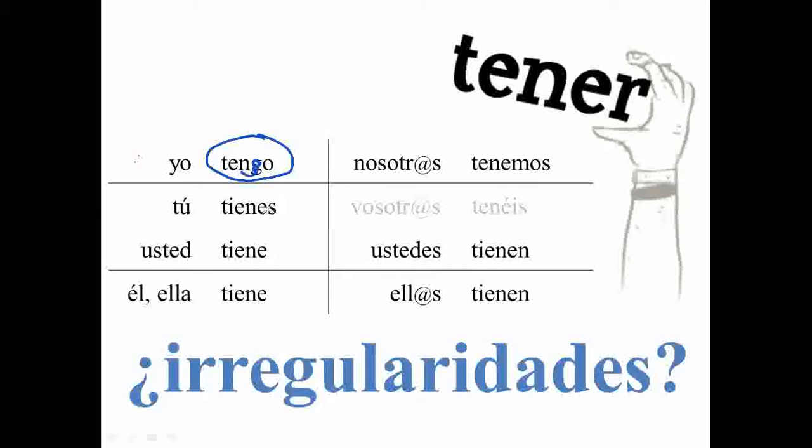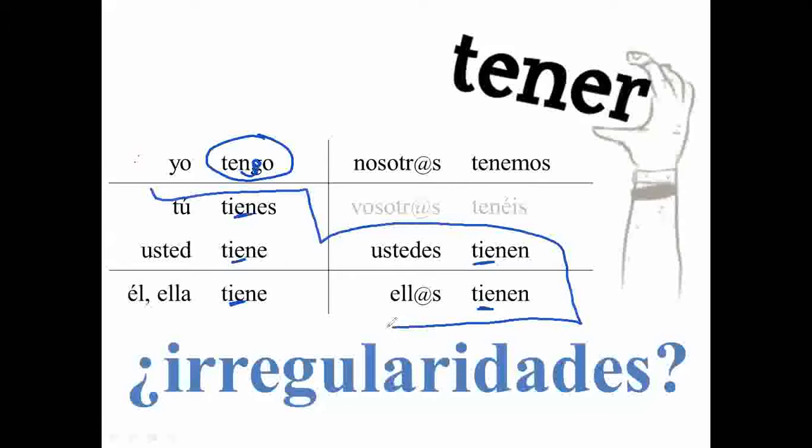It also has, in the other forms that are normally changed in the stem changer, E to IE, but more like an ankle boot. And then these forms are the same. They're regular. Tenemos, tenéis. All right.